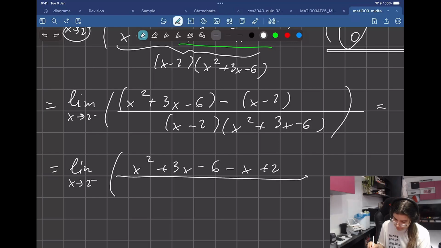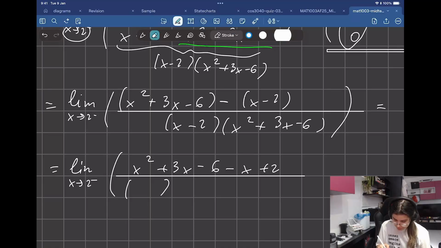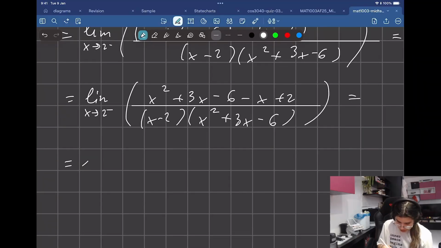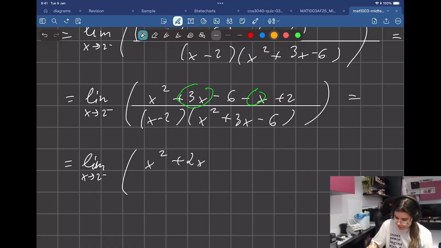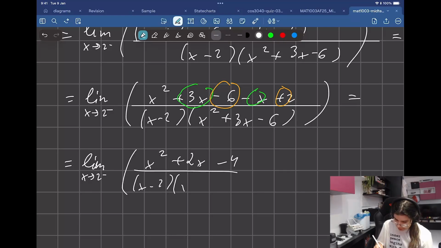Over, and the denominator, I just keep copying, right? x minus 2 times x squared plus 3x minus 6, which gives me limit as x approaches 2 from the left of x squared, and now I have, notice, plus 3x minus x, which will give me plus 2x, and then I have minus 6 plus 2, which is going to be minus 4, over x minus 2 times x squared plus 3x minus 6.